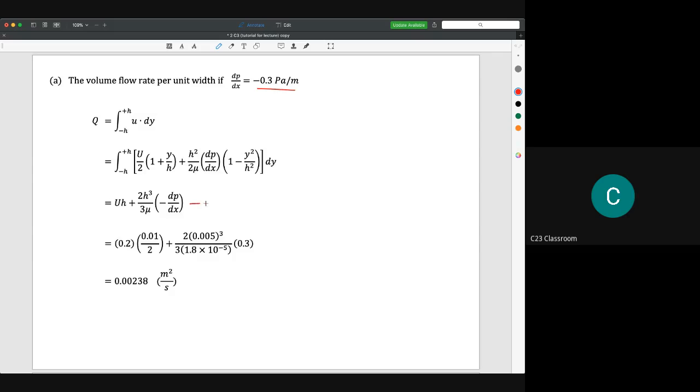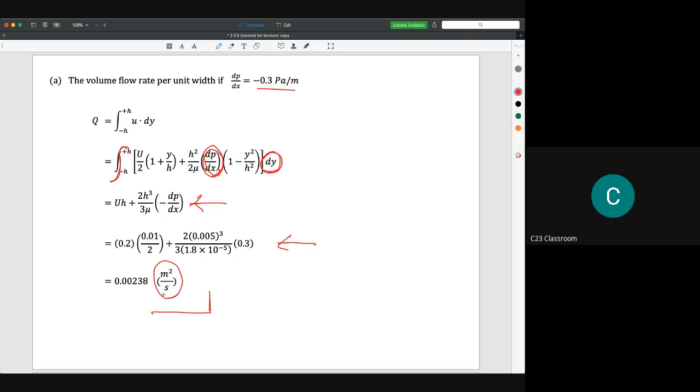Here you might have a problem, because we have another differential here, so then we integrate. This integration refers to y only, because the integration is dy. That's why dp/dx here remains constant. Then we have this term, we substitute the values, and we get the flow rate as 0.00238 meter cubed per second.